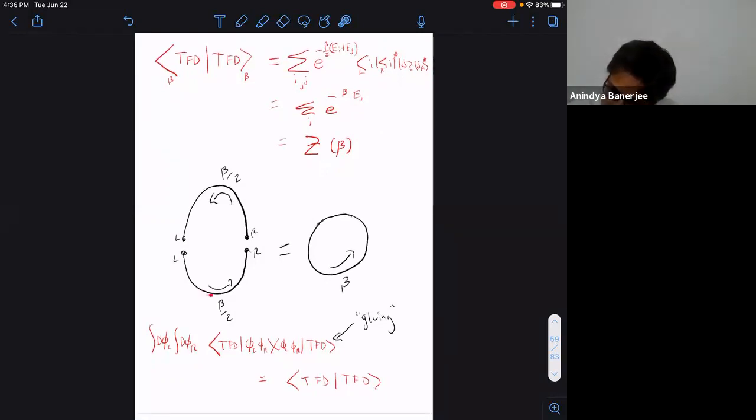We take two of these path integrals computing the thermal field double state wave functions, and we glue them together by integrating over the values of the fields here and here. This just gives us a totally periodic path integral with Euclidean time periodic in beta, and that's the partition function. This gluing of two thermal field double states to make the partition function is a simple picture in the path integral, and we're going to take advantage of that.